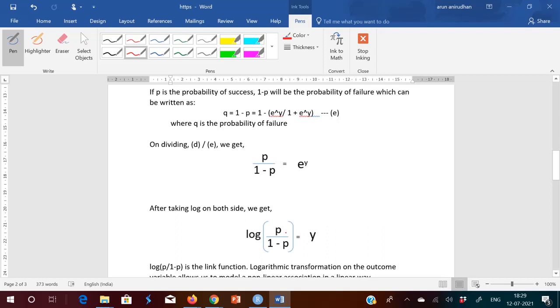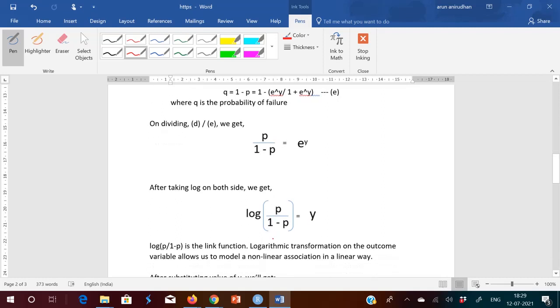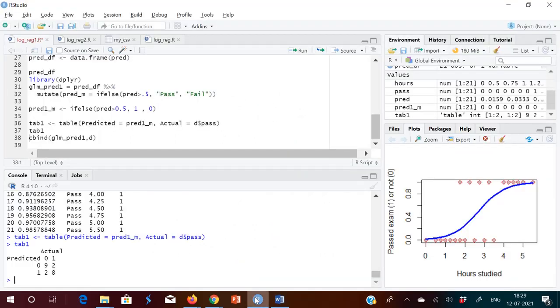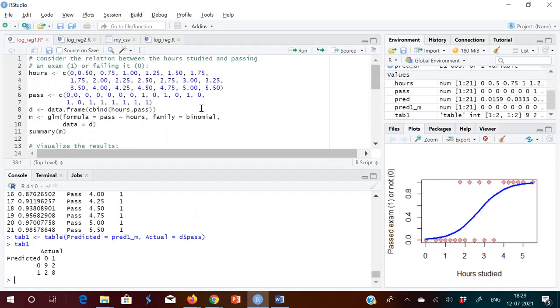So whenever p is less than 0.5, you will get a negative value. Whenever p is greater than 0.5, this log value will become positive. Okay, so this is the principle we'll be using, and then we'll be substituting this value in our model, and then we'll see how it can be done.